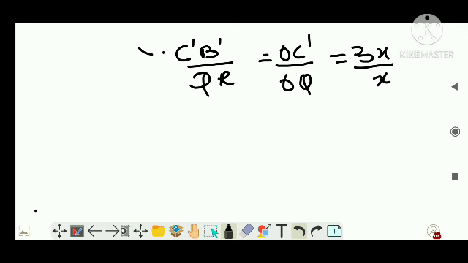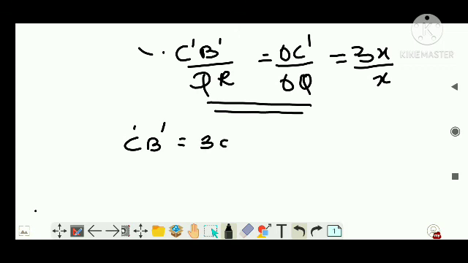Look into the figure, guys. Because both the triangles are similar, C dash B dash is equal to 3D dash, because OQ is D dash and x cancels out.